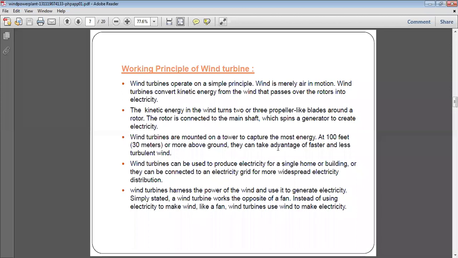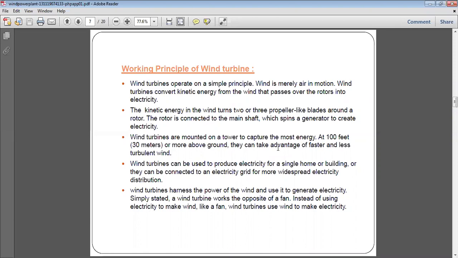There are normally two or three blades in a windmill. The rotor is the rotating part, and it is connected to the main shaft, so the rotation of the rotor is transmitted to the main shaft, which spins the generator to create electricity.